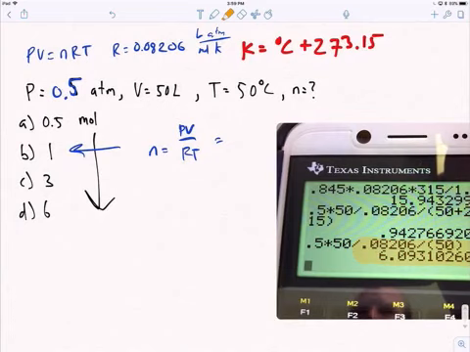The units Celsius and Kelvin mean the same thing. The magnitude is different, but the units are the same. If you have a change of 25 degrees Celsius, you have a change of 25 Kelvin. And multiplying by a Kelvin is the same thing as multiplying or dividing by Celsius.